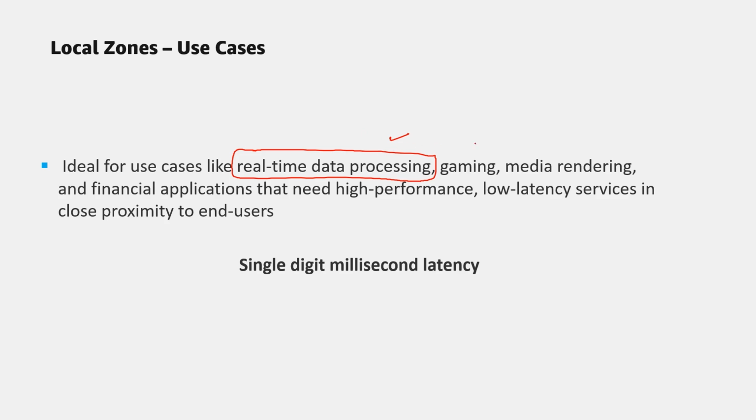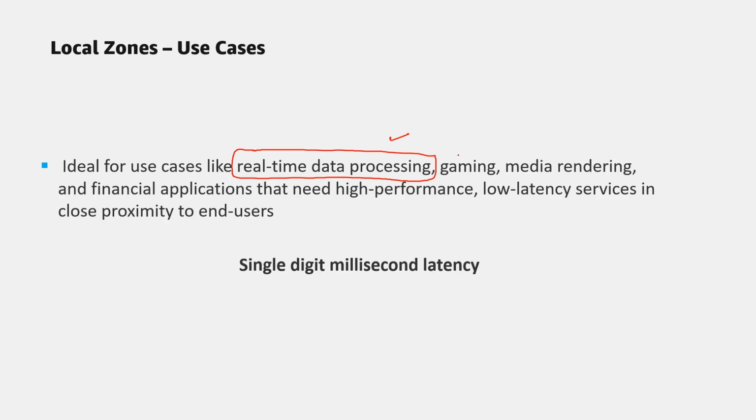We can process some data, and it is used for applications that require very minimum latency, like single-digit millisecond latency, such as gaming, media rendering, financial applications like the stock or forex market, where very low latency is required, maybe for some virtual reality or augmented reality applications.